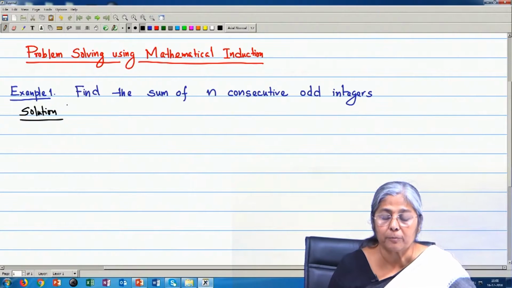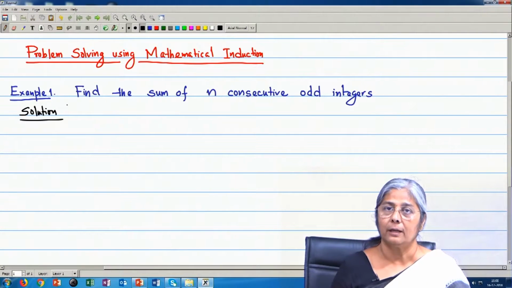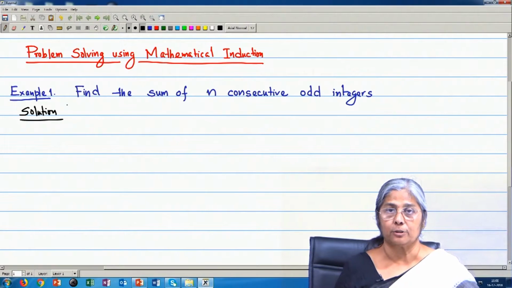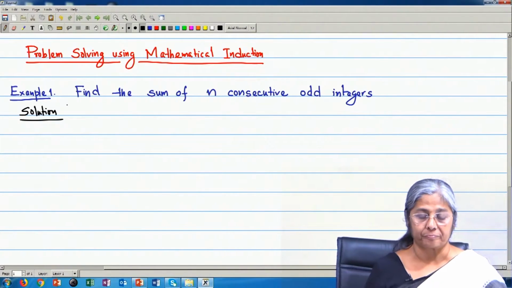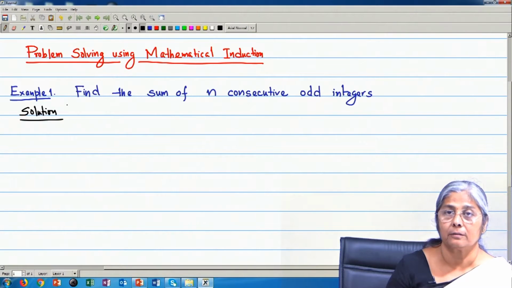Normally, in the problems where we use mathematical induction, some well known formula or the correct formula is given, and then we validate it by induction, or we prove that the formula is true. But for this particular example, the formula is not given.